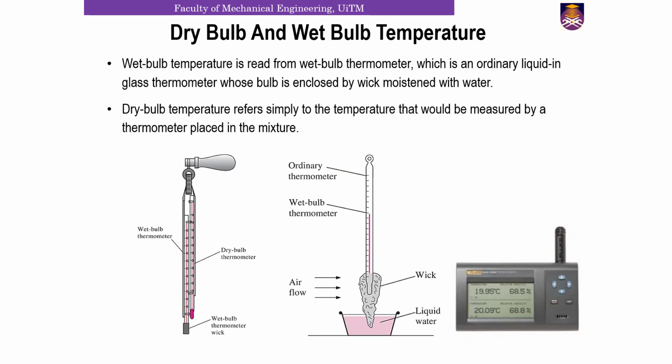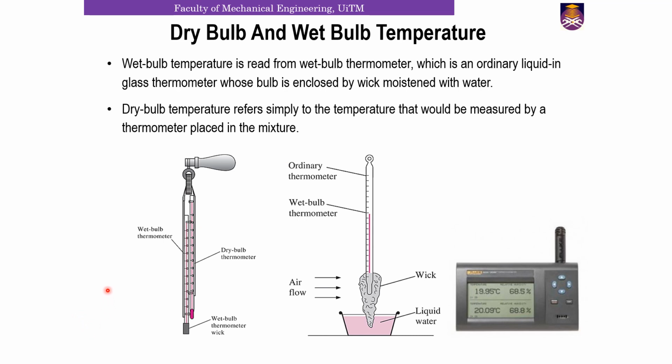Now we also have dry bulb and wet bulb temperature. If you look at the thermometers here, let's read this. Wet bulb temperature is read from a wet bulb thermometer, which is an ordinary liquid in glass thermometer whose bulb is enclosed by a wick moistened with water.